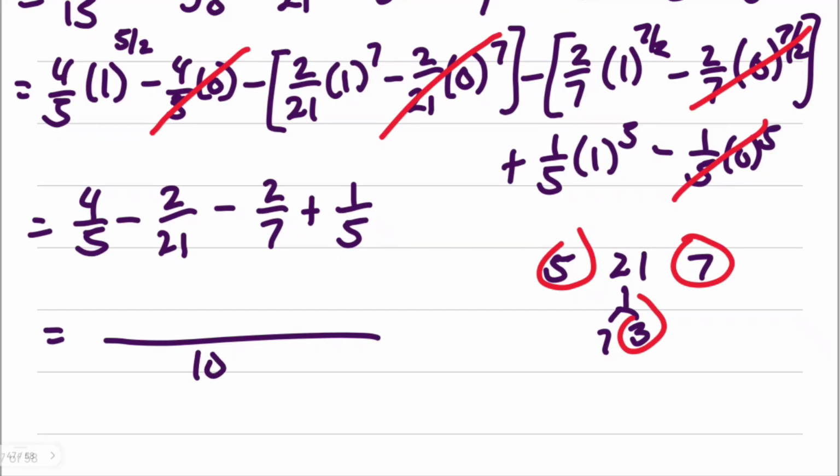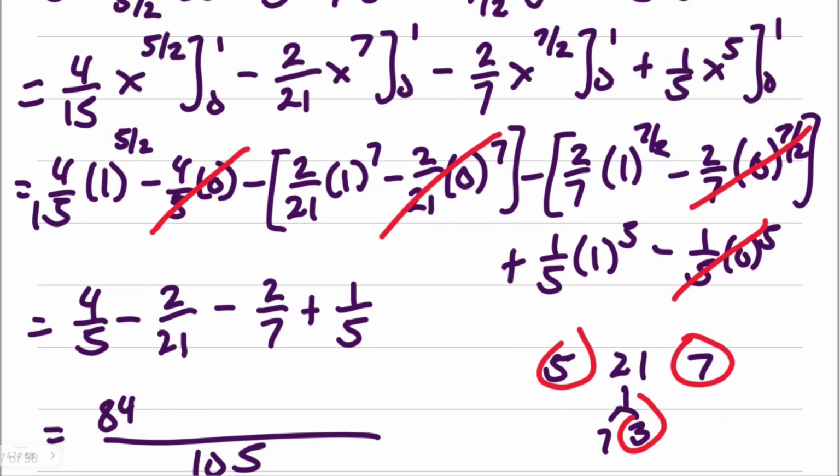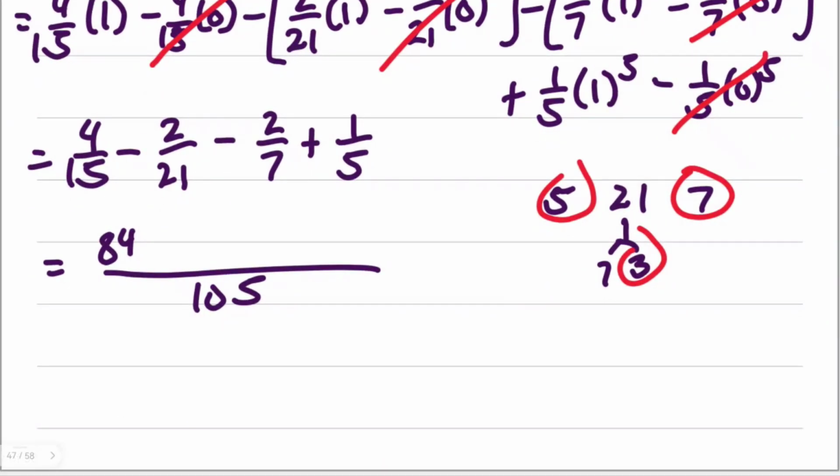Just a short review. So 105 divided by 5 is actually 21 times 4. So you have 84. Sorry, my bad. I made a mistake here. That's actually 4 over 15. So 4 over 15. So still, I have here 15. This is actually 5 times 3. So basically, same thing. You have your LCDs here.